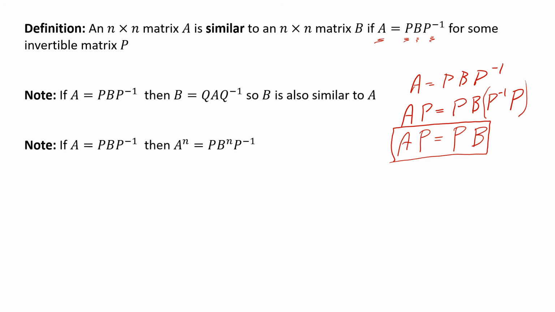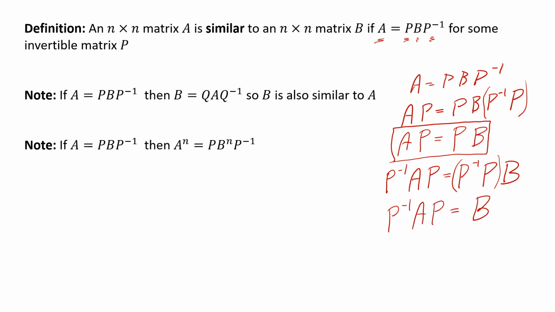But now let's take this one step further. Let's multiply both of these by P inverse on the left side. We have that P inverse times A times P is equal to P inverse times P times B. But look here, we have the identity matrix. So we have that B is equal to a matrix times A times the inverse of that matrix.